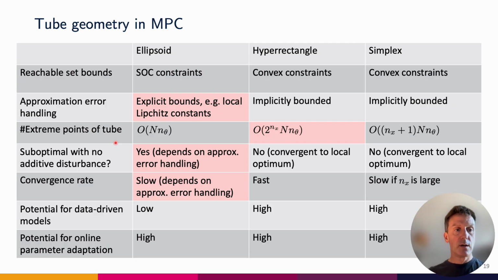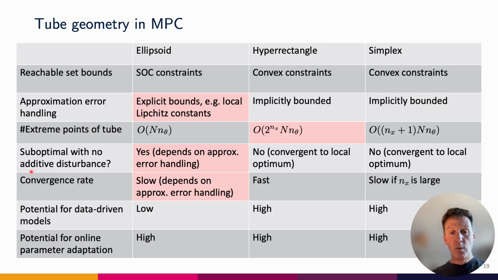In terms of the number of points we need to consider when we are defining robust constraints, for ellipsoidal tubes, this number depends linearly on the horizon and the number of uncertain parameters in the system model. Similarly, for the simplex tube, it depends linearly on the horizon, the number of parameters, and also linearly on the state dimension. But for hyperrectangular tubes, the dependence on the state dimension becomes exponential.